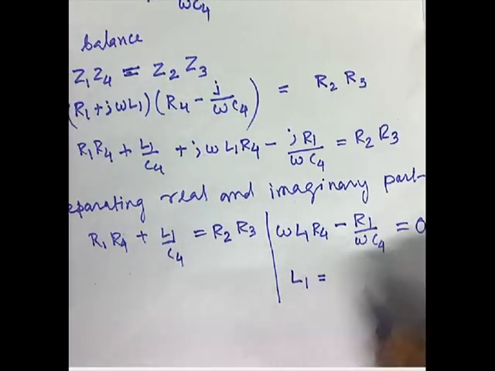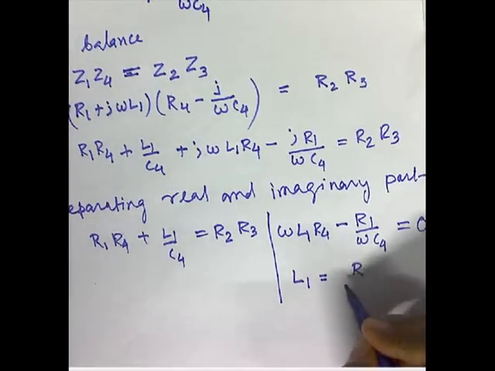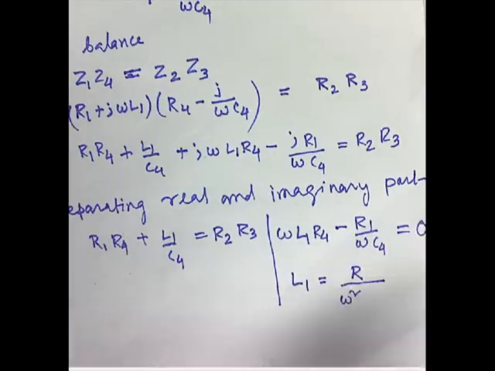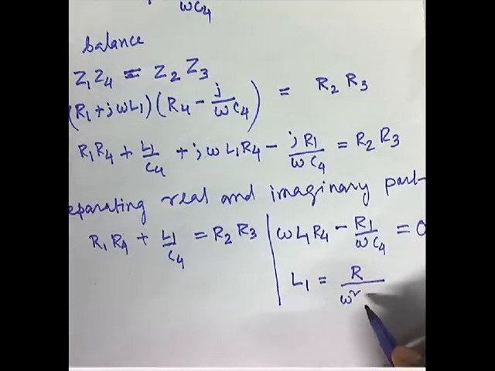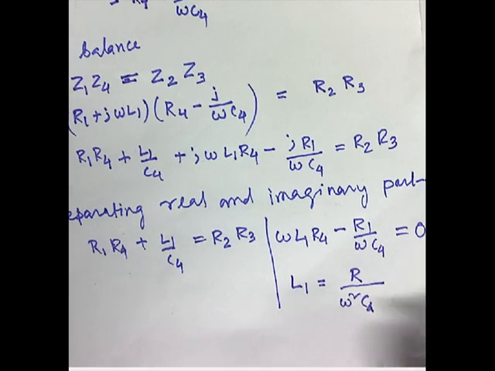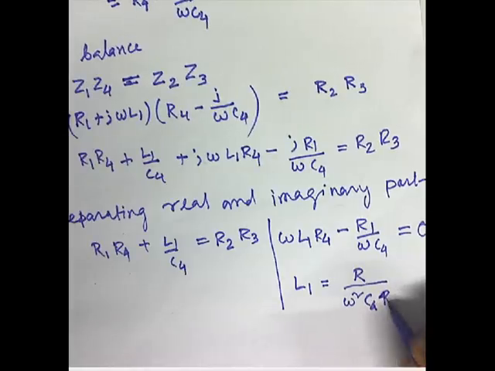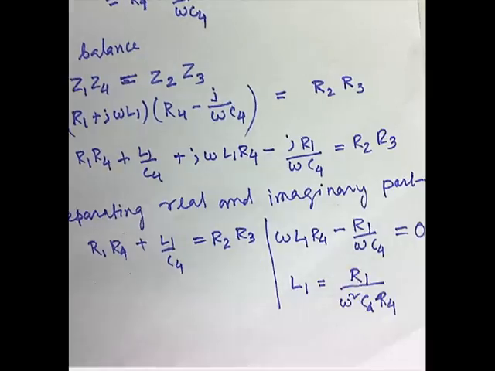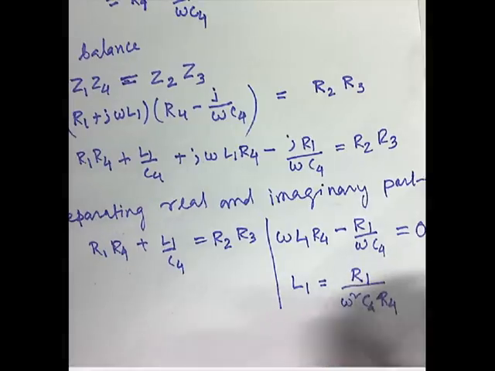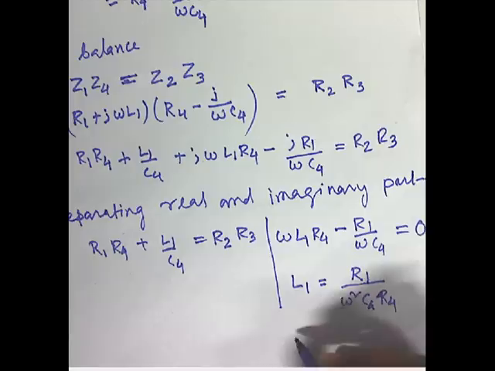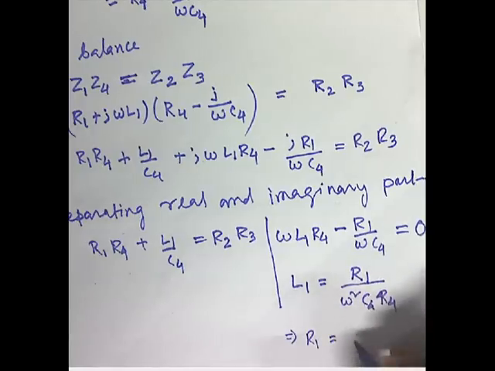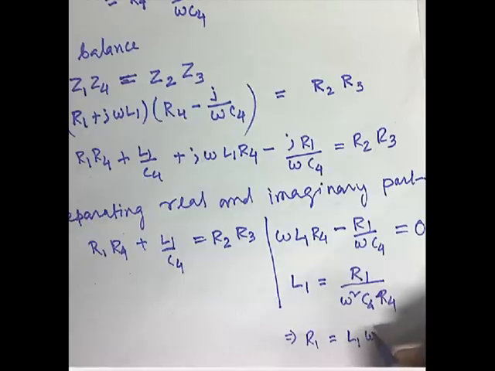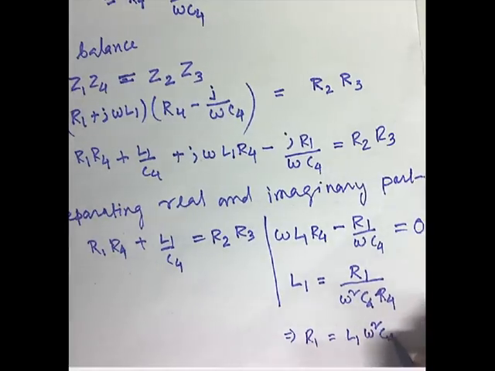So L1 is equal to R1 by omega square C4 R4, or R1 is equal to L1 omega square C4 R4.